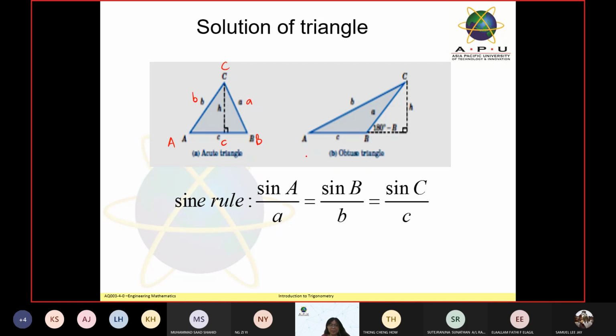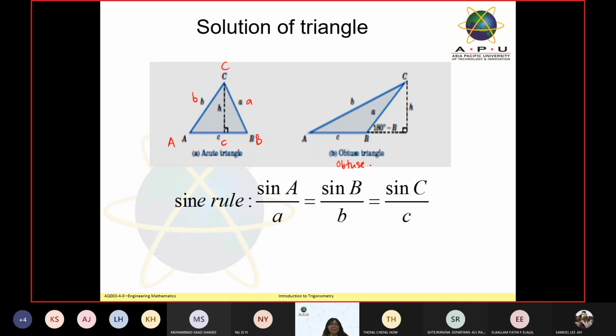Then we have another triangle given here, the shaded triangle. This one we call an obtuse triangle. What does obtuse mean? I think just now a student posted something about the terms acute triangle and obtuse triangle, from Wei Huan. An obtuse angle refers to an angle more than 90 but less than 180 degrees.